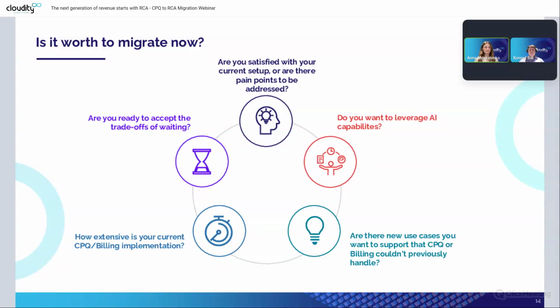The next one is how extensive is your current CPQ billing implementation, right? Because it gives us an idea of the scope to be migrated. And if you have a huge enterprise implementation on hand, where the initial scope, let's say, took 2 years to implement, then you're more likely also to have some kind of mess in your data, some additional customizations, and the migration project in the end will just be bigger as well, right?